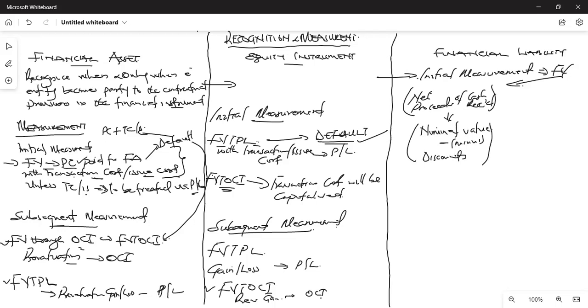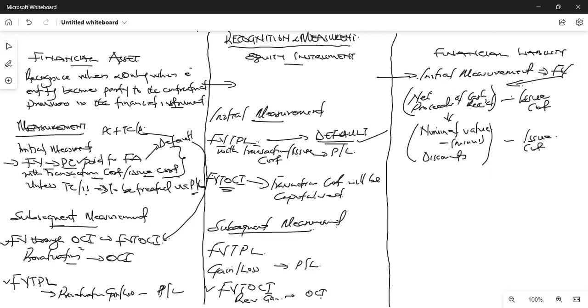So that is that. Minus a discount, that is the net proceeds of cash. Then we have to go ahead and less our issue cost, the cost of issuing the liability.